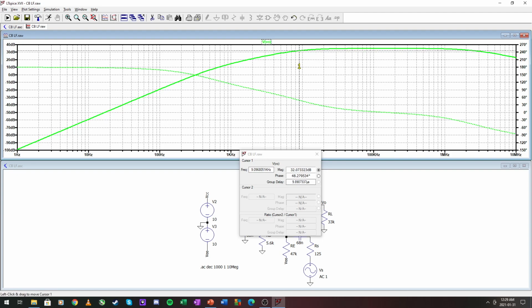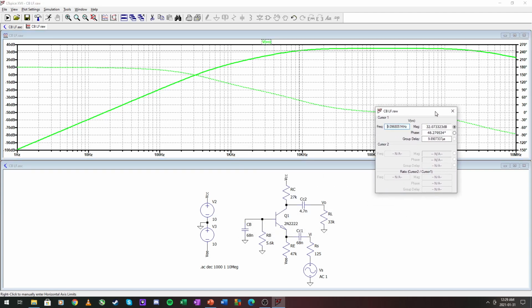There we go. 32 dBs, and this is sitting at 9.09 kilohertz. That is very close to 10 kilohertz. You can then just tweak some of your values to get better results.